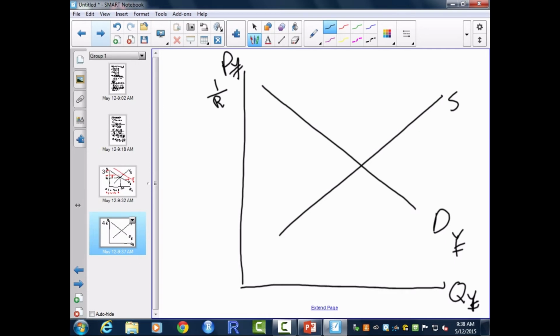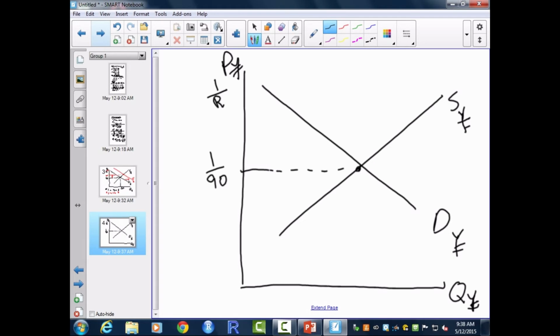You have supply of yen. And here is the equilibrium. And if we are starting from the same point we had on the previous picture, this would be 1 over 90 of a dollar, right? A little bit more than a penny to every yen.